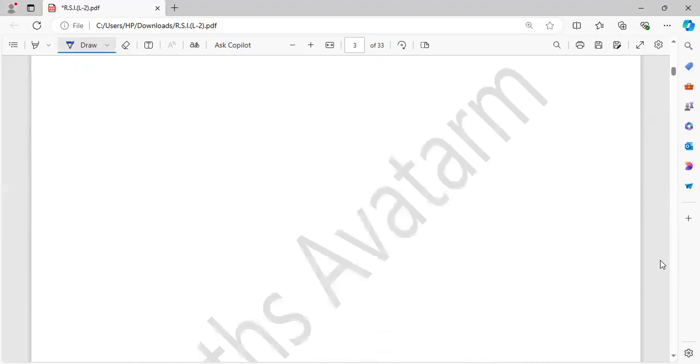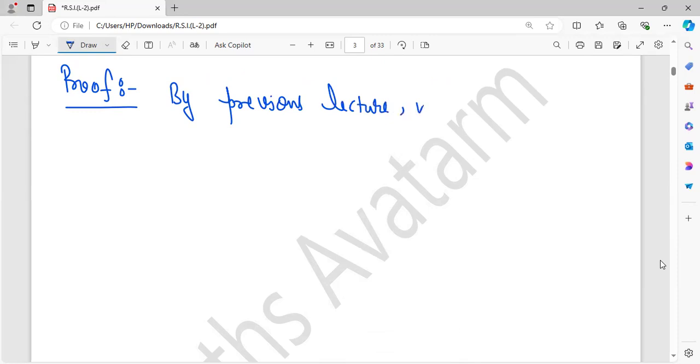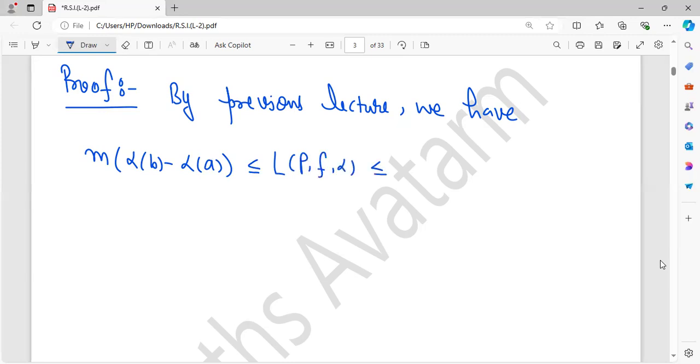Let's prove it. Its proof is simple. By the previous lecture, we have m(α(b) − α(a)) less than L(P, f, α) less than U(P, f, α) less than capital M times (α(b) − α(a)).